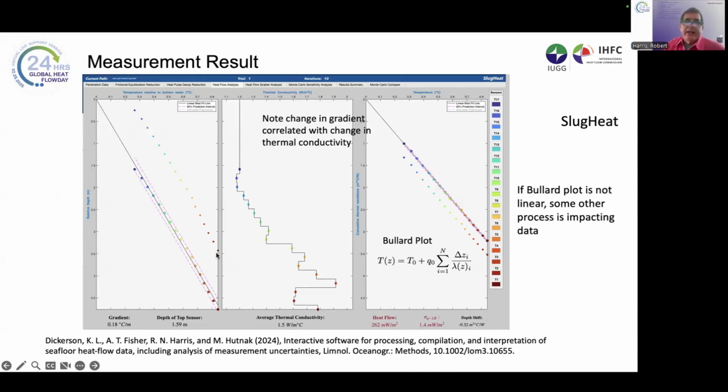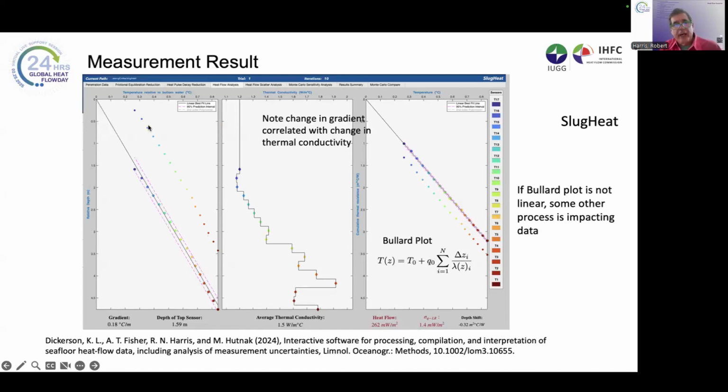We can account for that in the so-called Bullard plot, and this is just a rearrangement of Fourier's equation. It takes into account variations in thermal conductivity, so we get thermal resistance as a function of temperature. And then this is just the equation for a line, so the slope of this line gives us the heat flow.